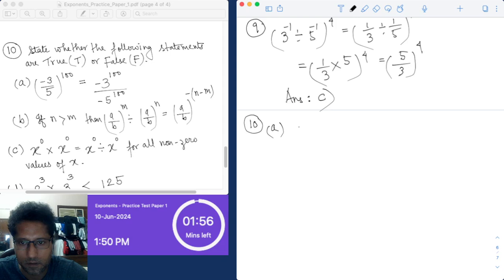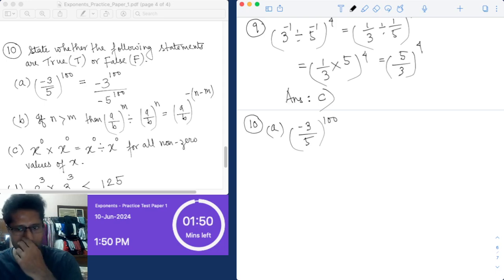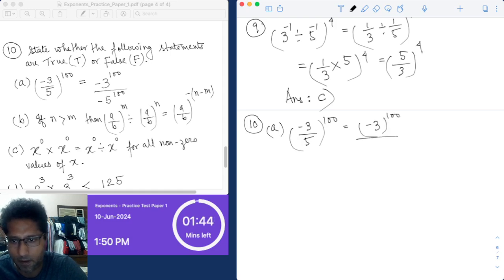Minus 3 by 5 whole to the power 100 equals minus 3 whole to the power 100 divided by 5 whole to the power 100. The base is negative but the power is even, so this is 3 to the power 100 divided by 5 to the power 100.